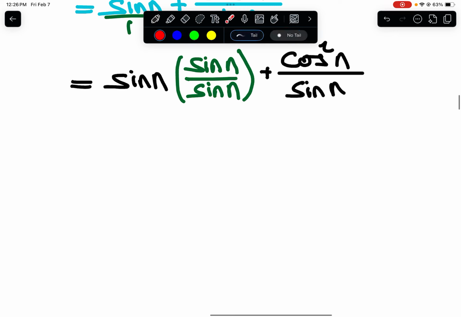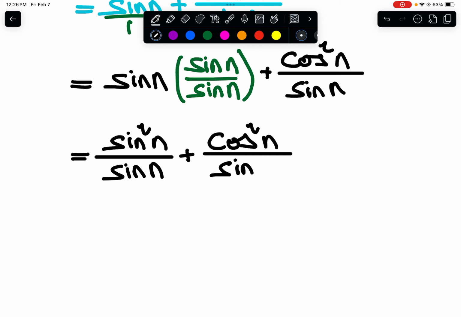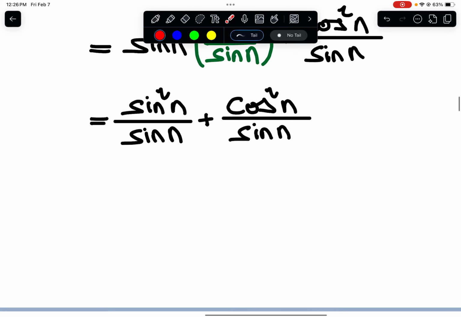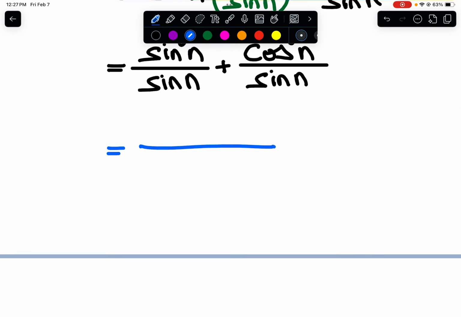So when I do this, once again, we're going to multiply these numerators. Sine n times sine n gives you sine squared n, and that's going to be over sine n. And then plus cosine squared n over sine n. And now that we have a common denominator, I can add these values together. So the numerators I'm going to combine into 1.